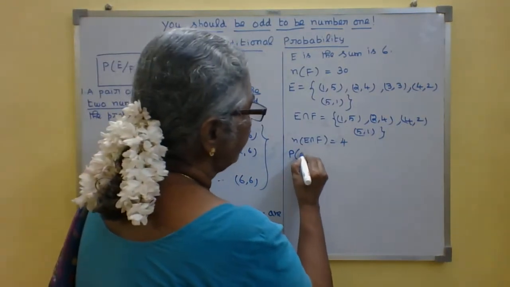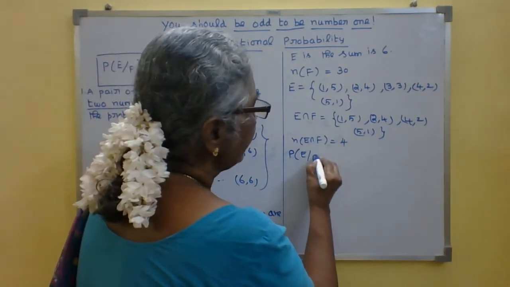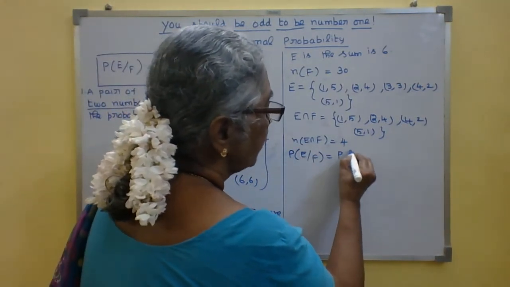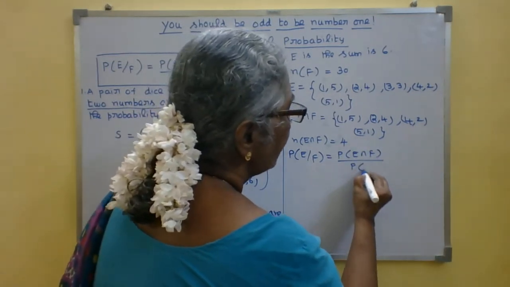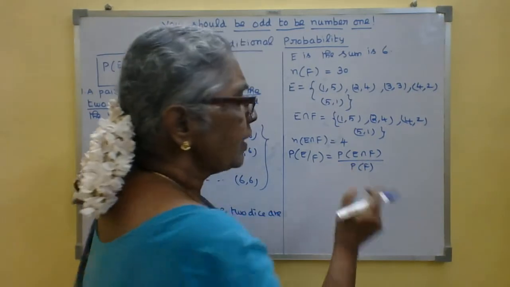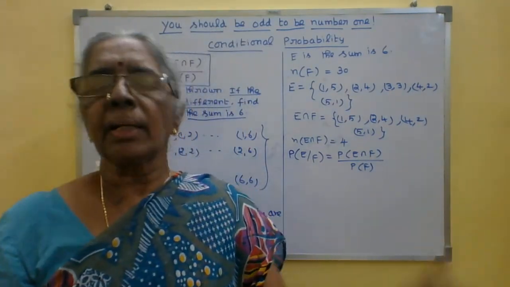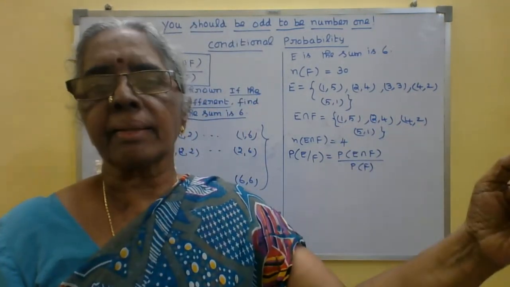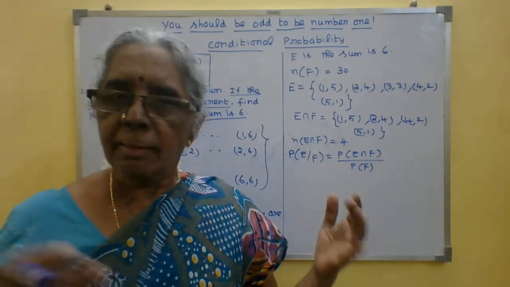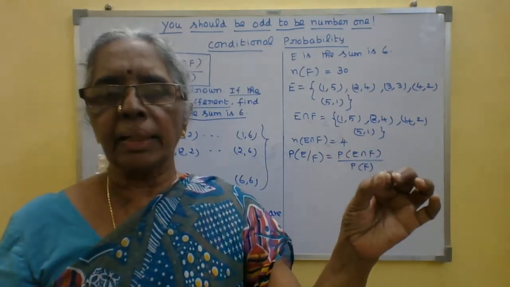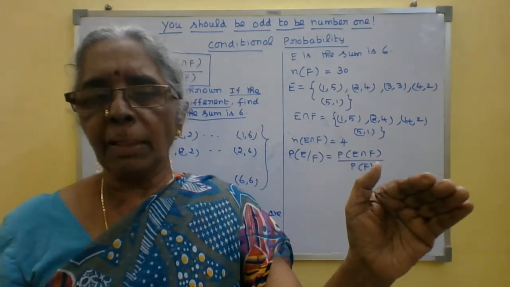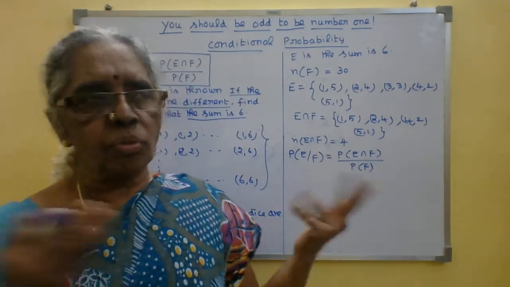So I can write now P of E given F, that is equal to P of E intersection F by P of F. What is P of E intersection F? That is n of E intersection F by n of S. That is the basic formula in probability. Any probability of any event is n, that is the favorable elements, by the number of all possible elements.